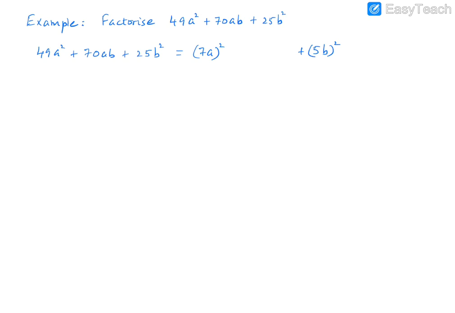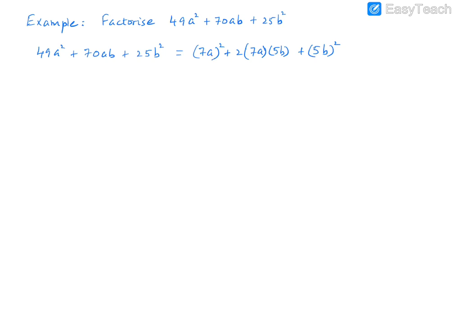So the middle term now can be written in terms of these two terms. It's like x square plus y square, and we can have a plus 2xy. X is 7a, so we write 7a in place of x, and 5b is the y, and we'll have a 2.